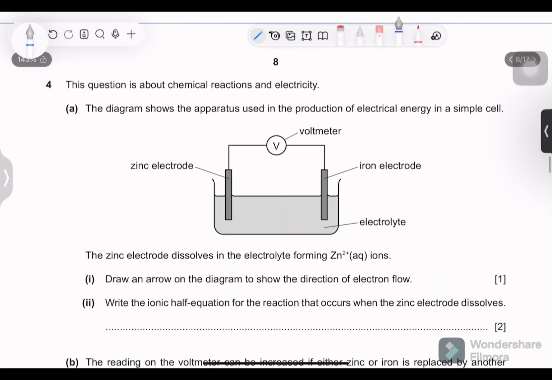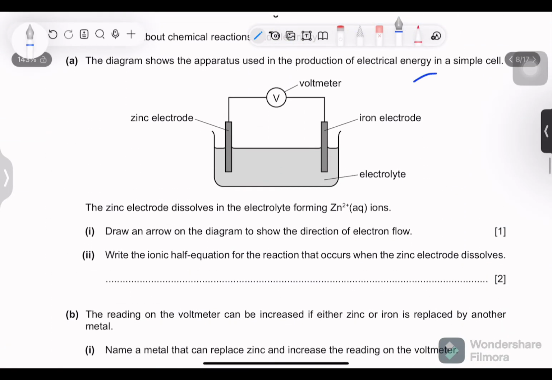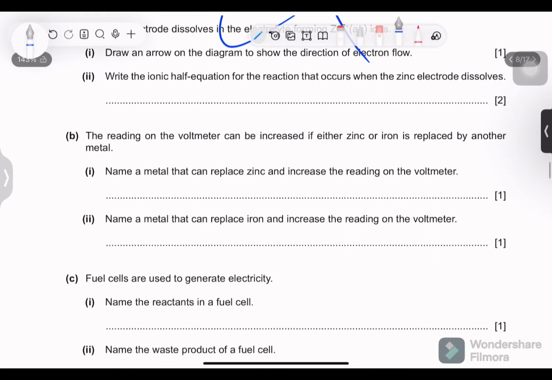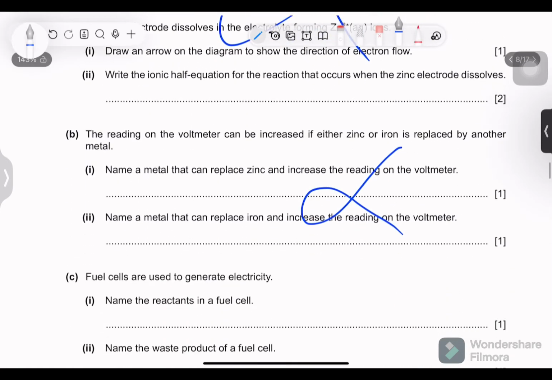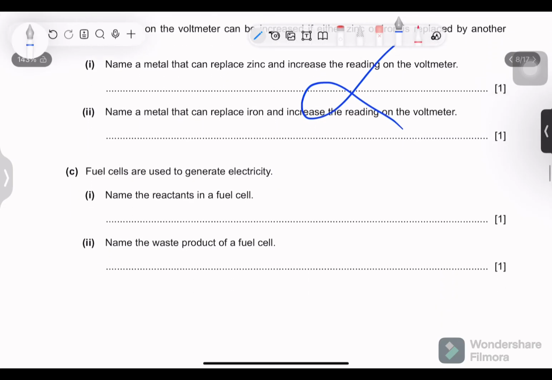Next question. This question is about, again, something no longer in your syllabus. This is the simple cell, which is not in your syllabus now. Fuel cells are used to generate electricity. Name the reactants in a fuel cell. The fuel cell is in your syllabus, in fact. So the substances are hydrogen and oxygen.